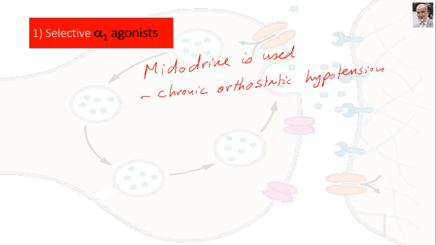These people, when they stand up from the supine position, suffer from dizziness because of a severe, sudden drop of blood pressure. So usually midodrine is given in this case orally. Okay, so these are the alpha-1 agonists, and we have taken two examples, midodrine and methoxamine.